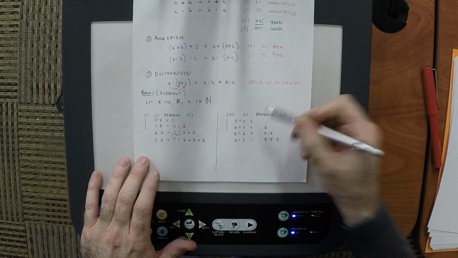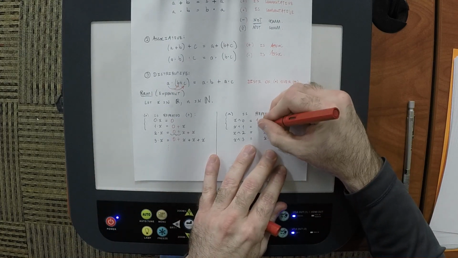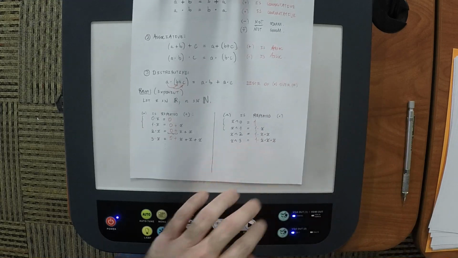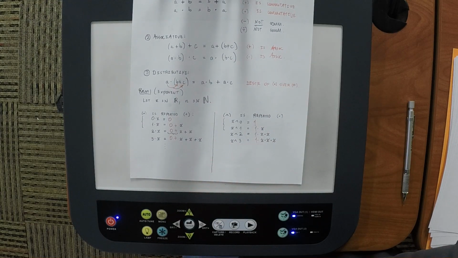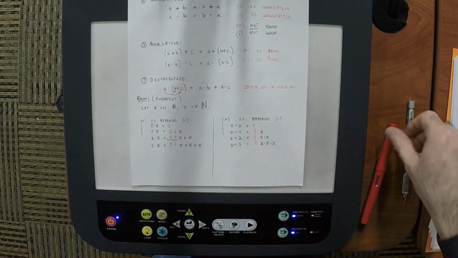Yeah? 1. Okay, so there's actually a 1 here. So 1, and then 1, and then 1, and then 1. But you can't just say it because Ms. Harris said so.